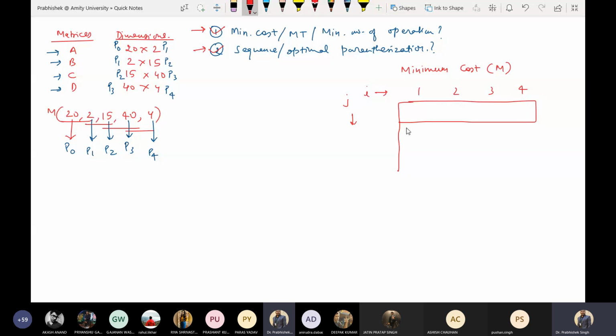I means the number of matrices, which is equal to 4. And J is also 4, but it is written in reverse order.